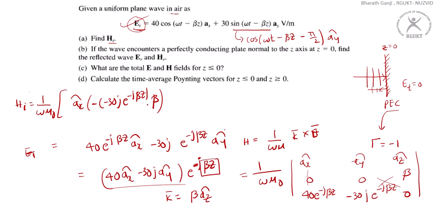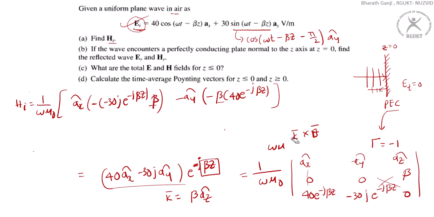Coming to your ay component, you get minus of ay cap times 0 minus beta times 40 e power minus j beta z. So this is your y component. Once I have the x and y components, I can see in both terms there is beta common, so I can bring beta out.